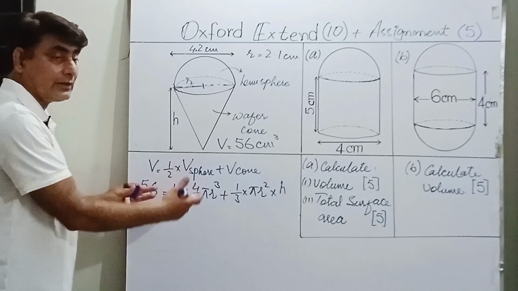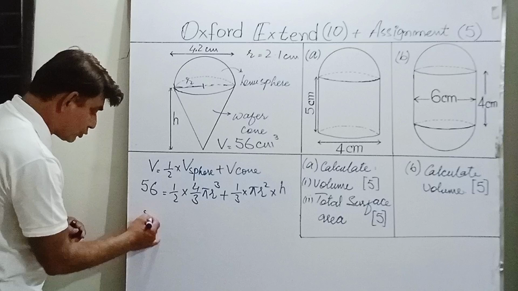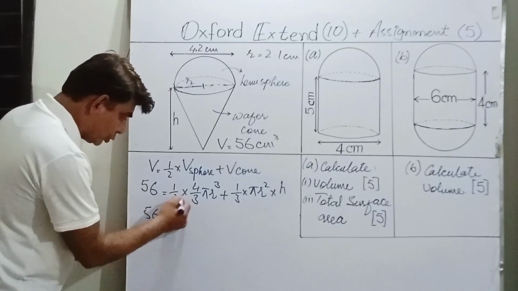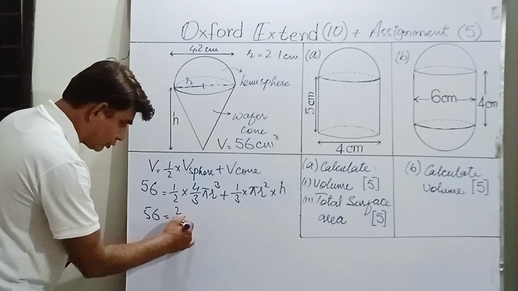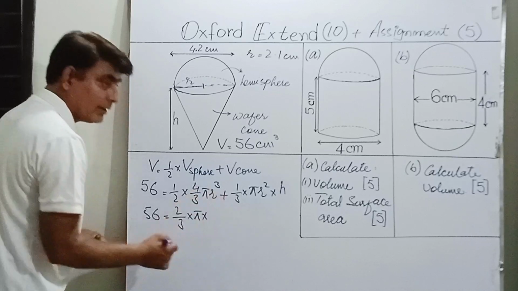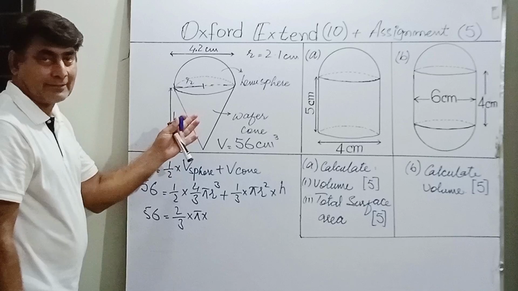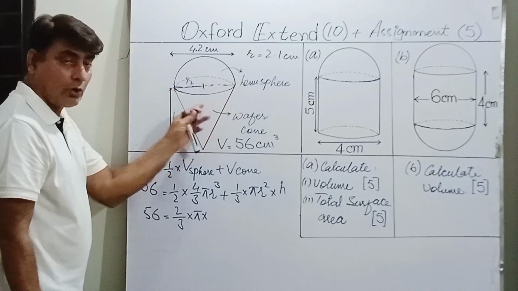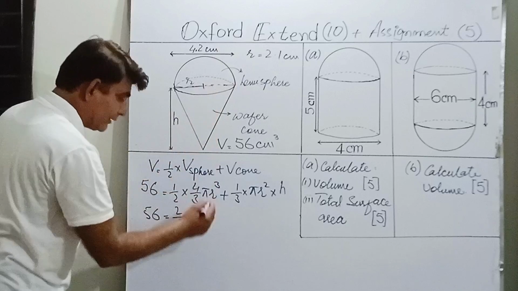Now by putting in the values, 56 would be equal to half of 4, so we should write 2 upon 3 times pi times radius. Now both have the same radius. The radius of the hemisphere is the same as the radius of the cone. The radius is 2.1.